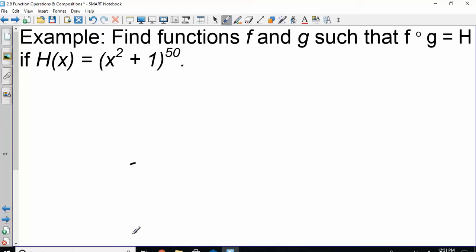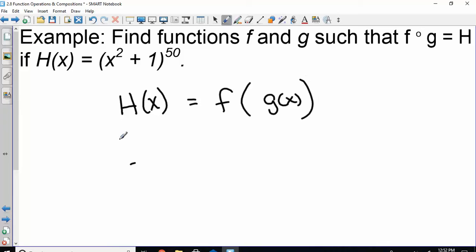This says, find functions f and g such that f composed with g equals h if h of x is x squared plus 1 to the 50th. So this is telling me we get h of x by doing f of g of x.